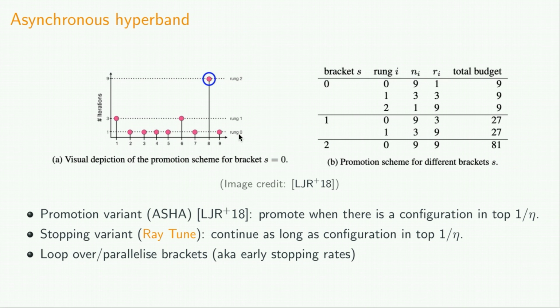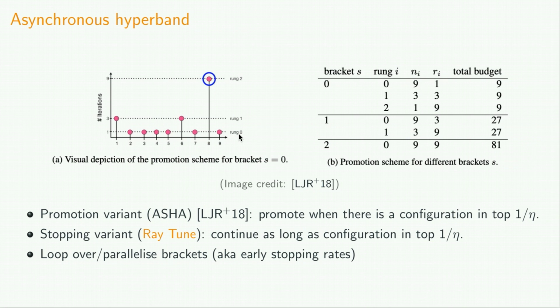The way you can implement asynchronous Hyperband is to promote when there's a configuration in the top 1/eta of the configurations that reached a certain rung level. A slightly modified variant, which is actually implemented in Ray Tune, is to continue as long as a configuration is in the top 1/eta of the configurations that reached the rung so far.